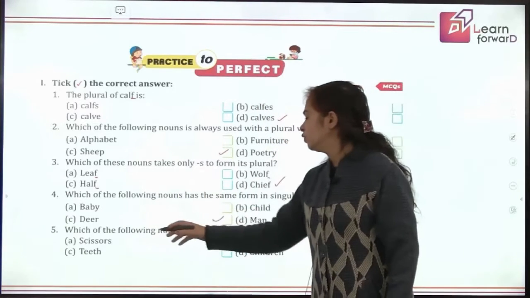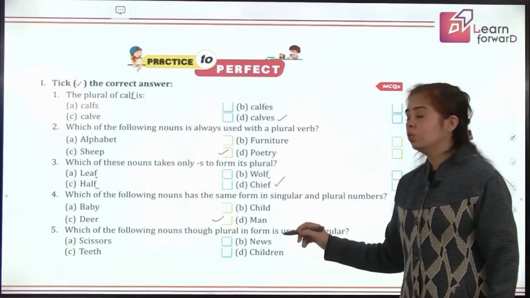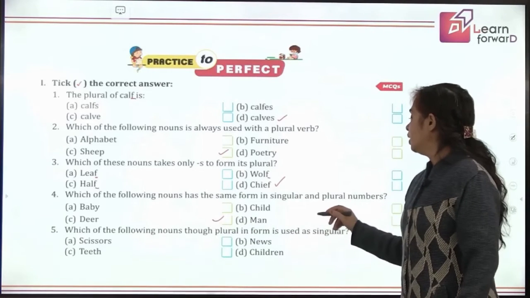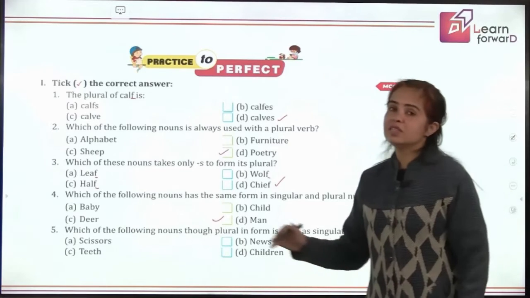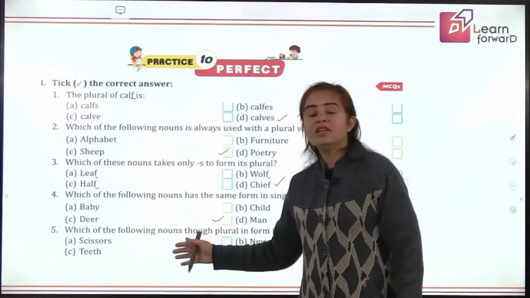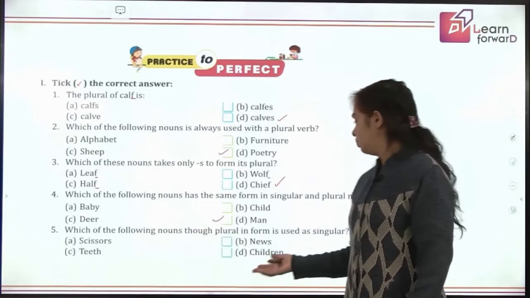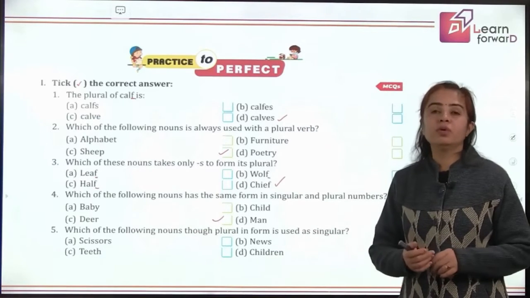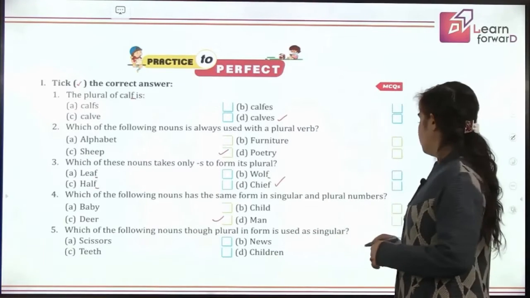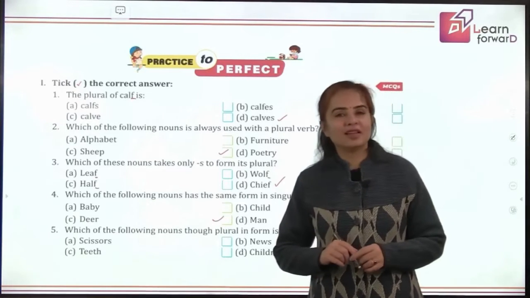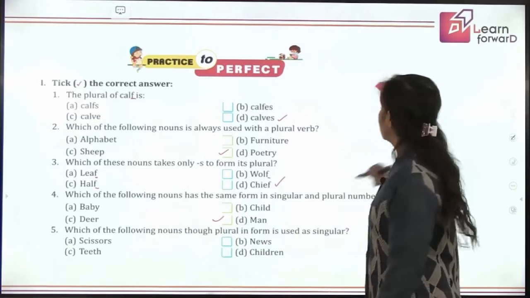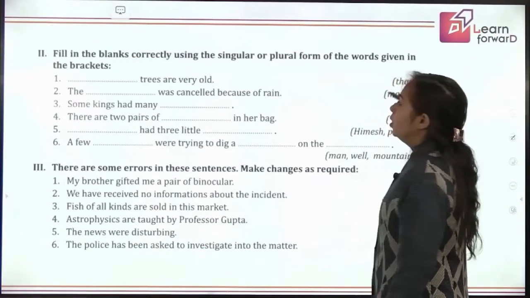Next, which of the following nouns, though plural in form, is used as singular? We say scissors are. Teeth is already in plural. Children is already in plural. News is always used as singular. We say the news is interesting. So, got it now? Moving to the next.